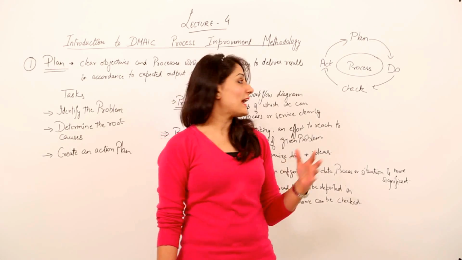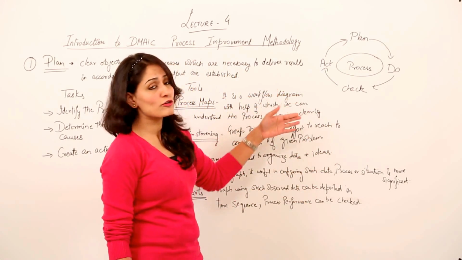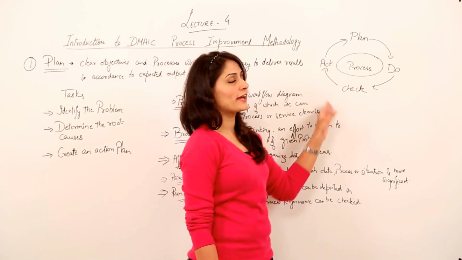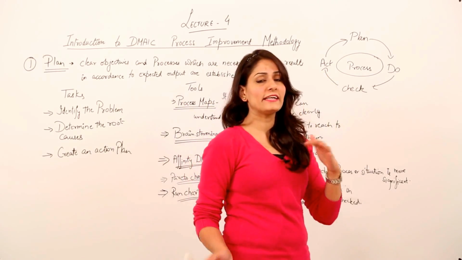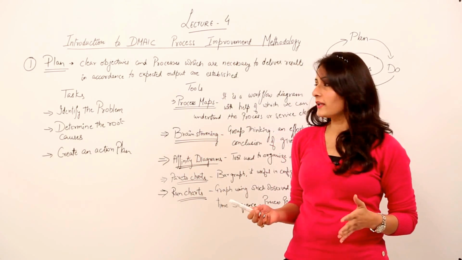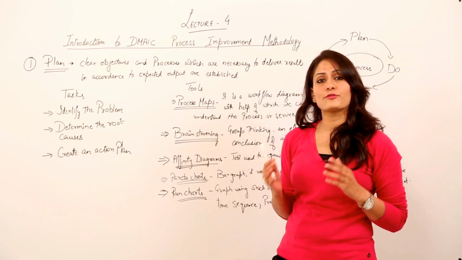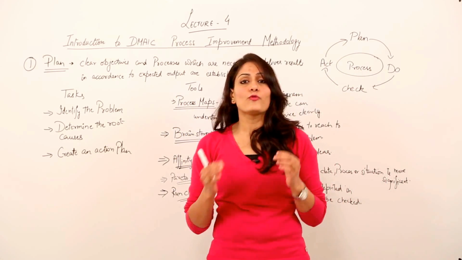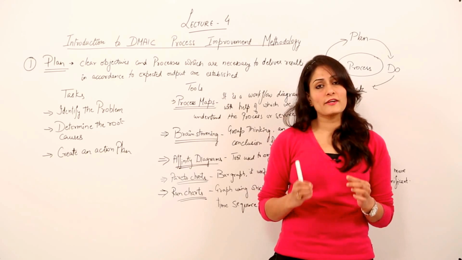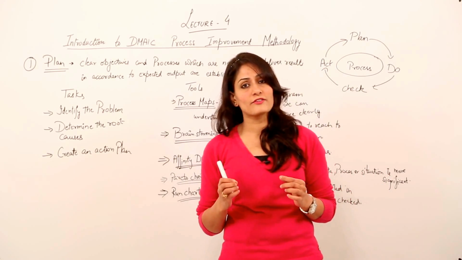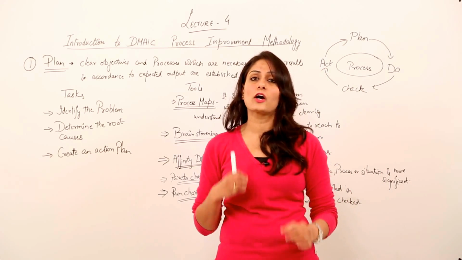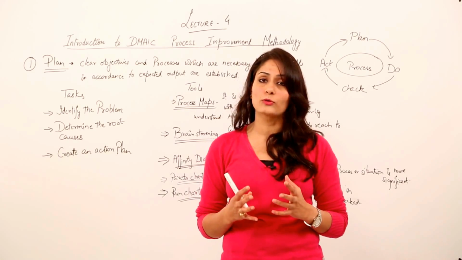Now we know that the PDCA cycle has 4 steps: plan, do, check and act. So let's study each step in further detail. First let's take stage 1, which is plan. In this stage we establish clear objectives and processes which are necessary to deliver results in accordance with the expected outcome.